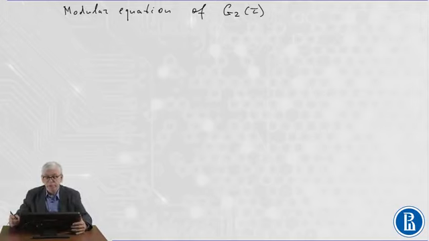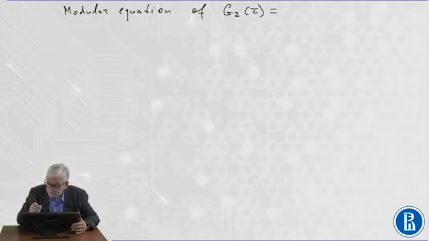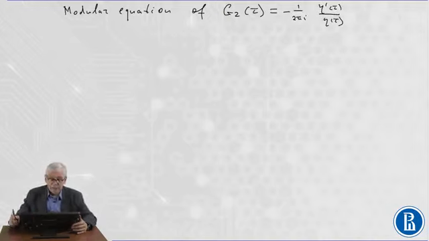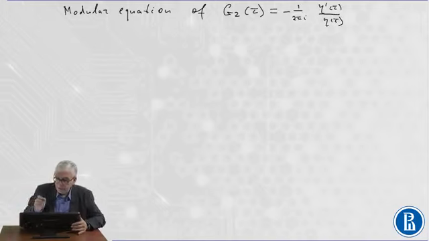This is the modular equation of the logarithmic derivative. I can rewrite the definition once more: G2 is 1 minus 1 over 2 pi i times eta prime of tau over eta of tau. So, the modular equation.